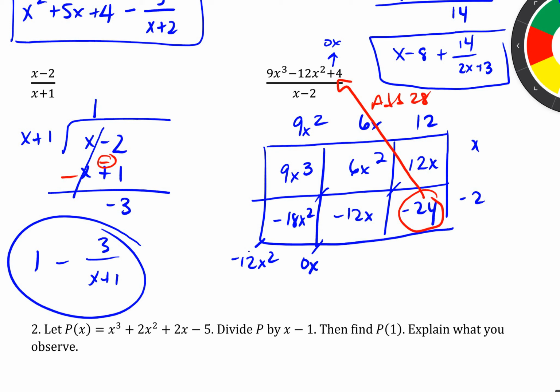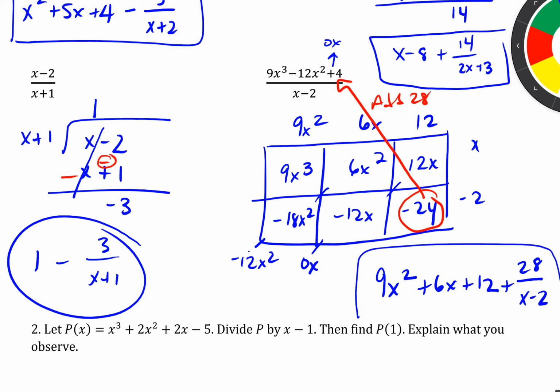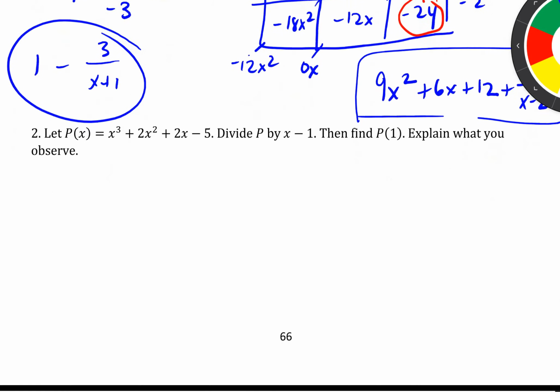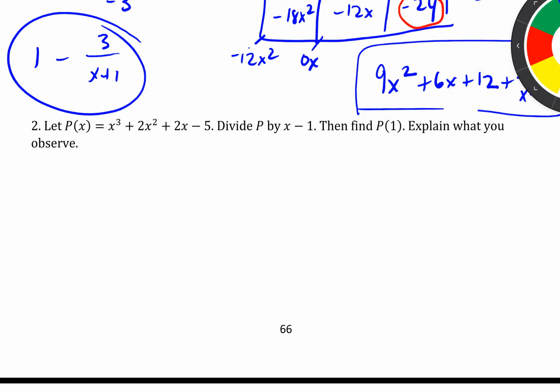So if I add 28 to that, I then have to rewrite my answer with a remainder. So my answer is going to become 9x squared plus 6x plus 12 plus 28 over x minus 2. There's my answer. All right, let's look at the last one, because this leads us actually into the next lesson.